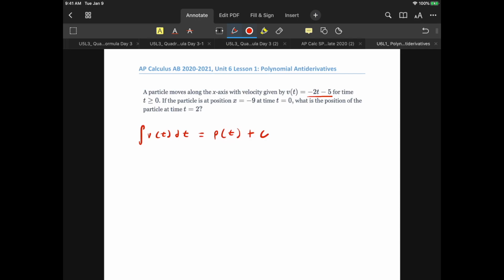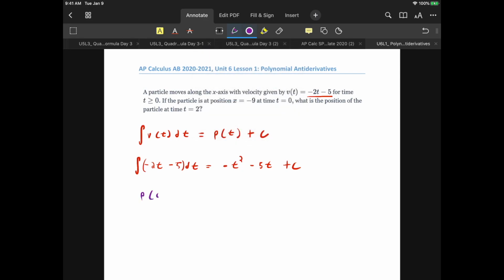And so if I take the antiderivative of negative 2t minus 5 with respect to t, well, that's going to be negative t squared, to make that negative 2 happen, minus 5t plus c. And that's going to be equal to the position function.